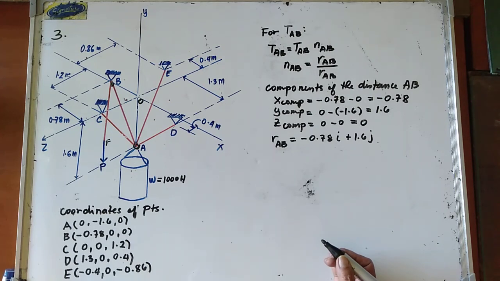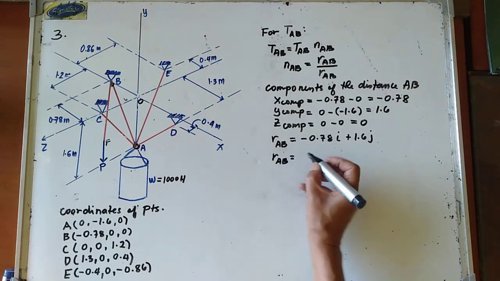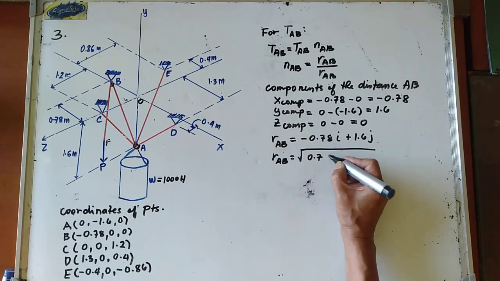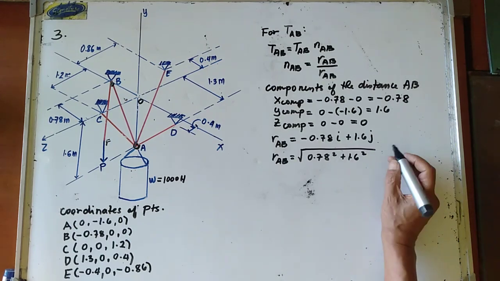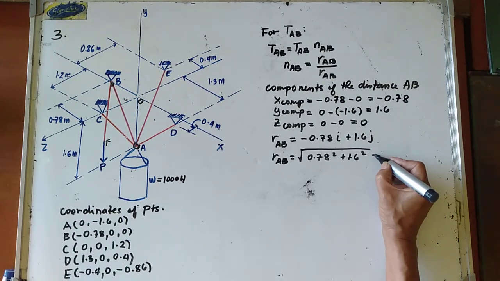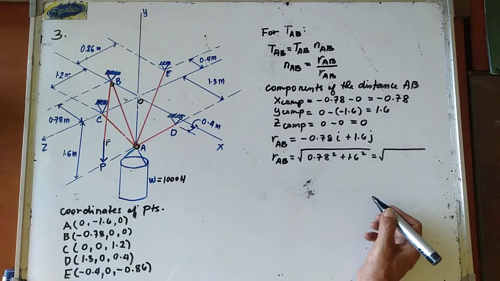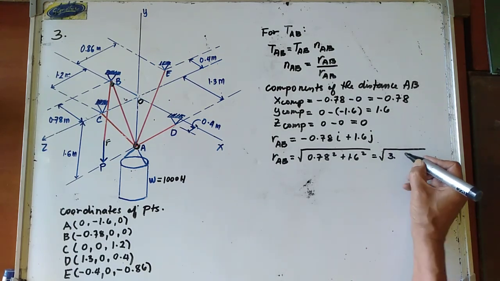So that the magnitude is now again equal to the square root of 0.78 square plus 1.6 square. And this is therefore equal to the square root of 3.1684.